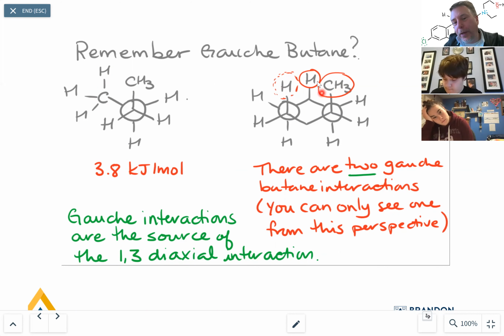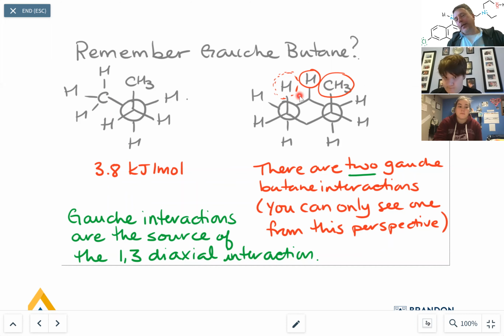And so if we draw a cyclohexane and we're looking down the two bonds, this is basically what the cyclohexane would look like. Here's your methyl group, and there's a Gauss interaction with this carbon here, but it's really this proton. And then if we draw this in a different perspective, this proton would also have this same Gauss interaction here.